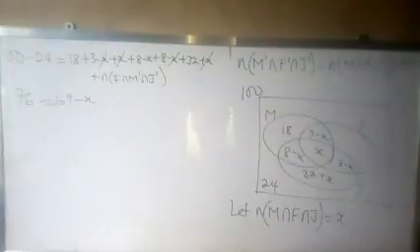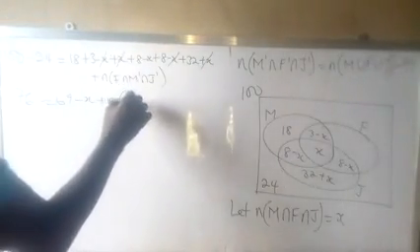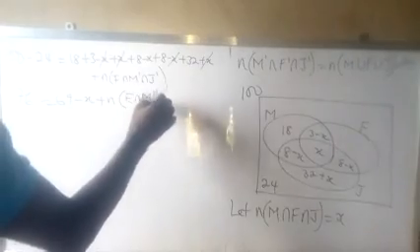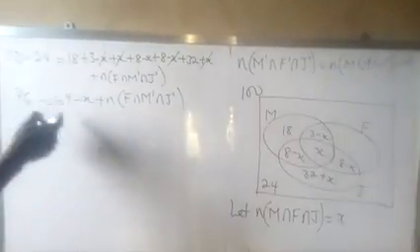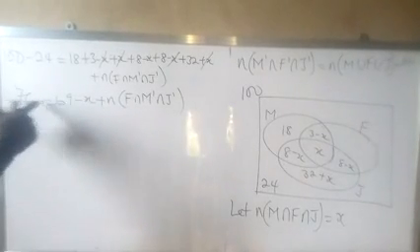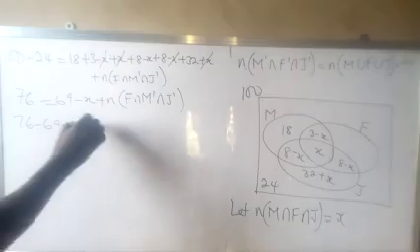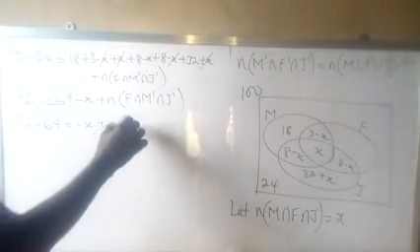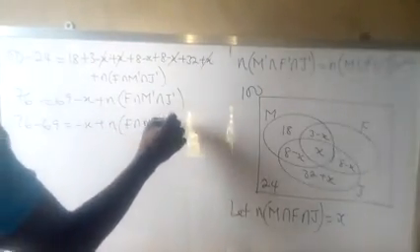Do we have x again there? No. Plus the number of F intersection M complement intersection J complement. Okay, so if this one comes here now, we have 76 minus 69 is equal to minus x plus the number of F intersection M complement intersection J complement.